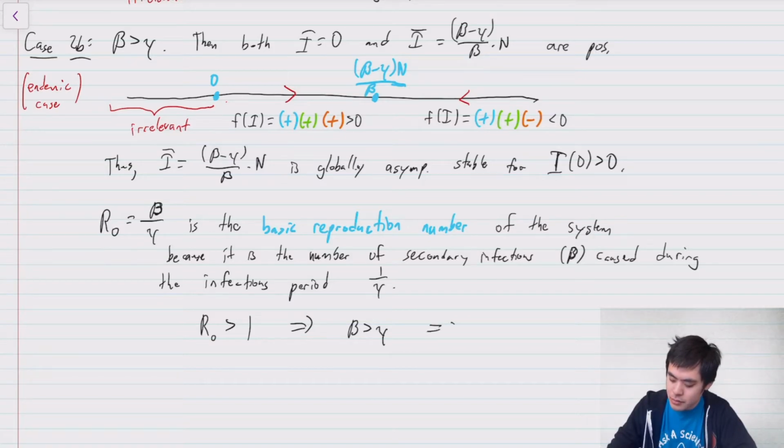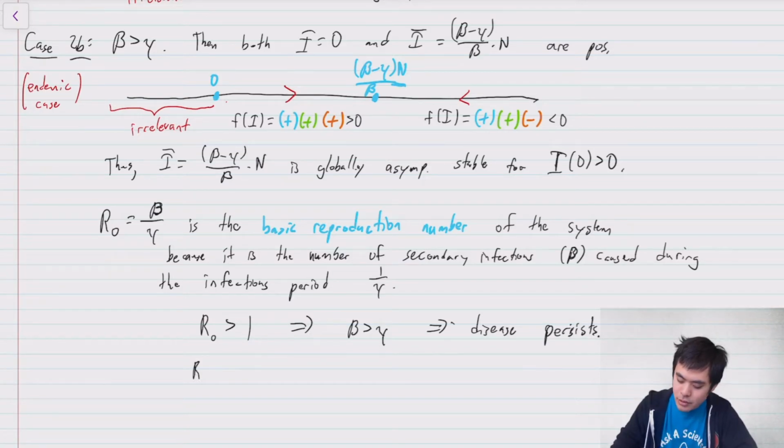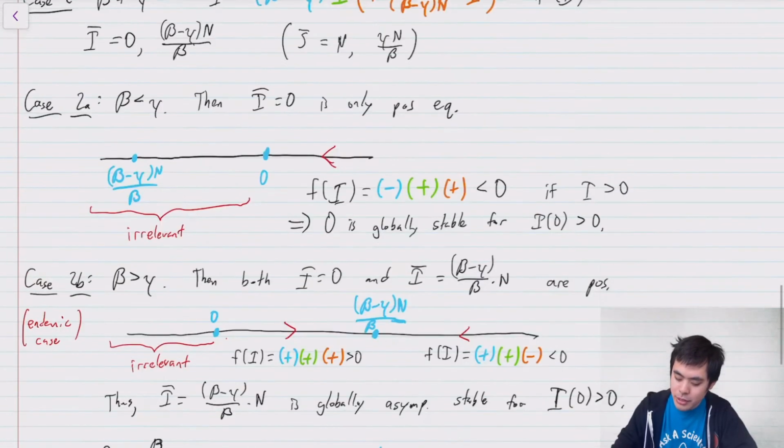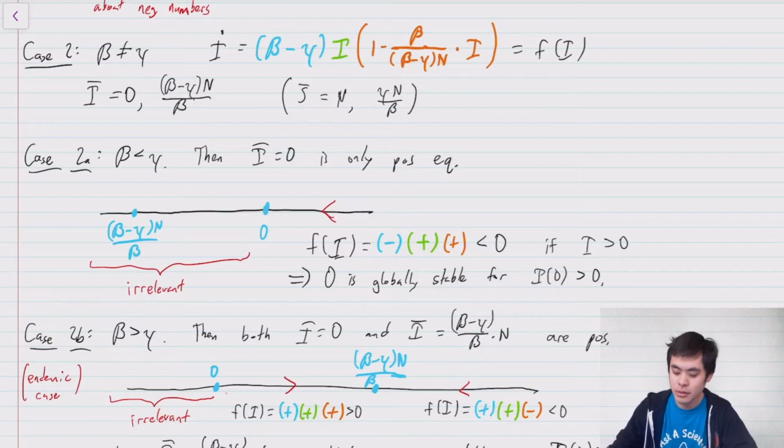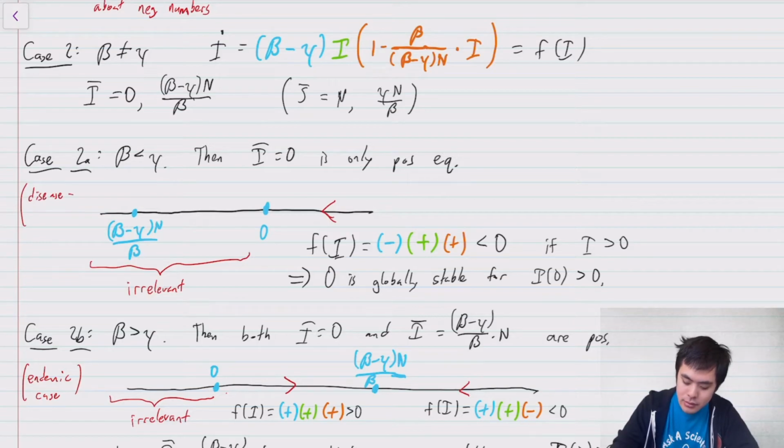So the disease persists. When R naught is less than 1, this implies that beta is less than gamma, which implies we're in case 2a, in which case the disease dies out and you get a disease-free equilibrium.